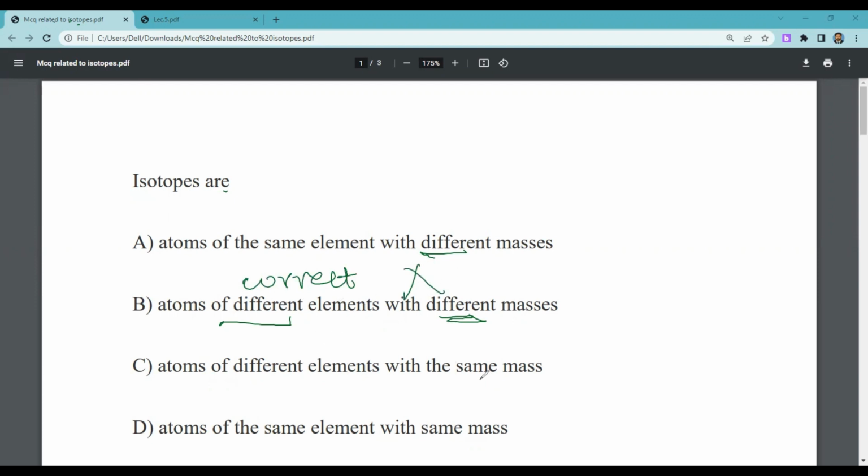Atoms of different elements with the same mass: isotopes do not have the same mass, but this statement can be correct in a way, since different elements can have the same mass. Atoms of the same element with the same mass: this statement can be true, but it's not true for isotopes. Atoms of the same element with different masses: this will be true for isotopes.